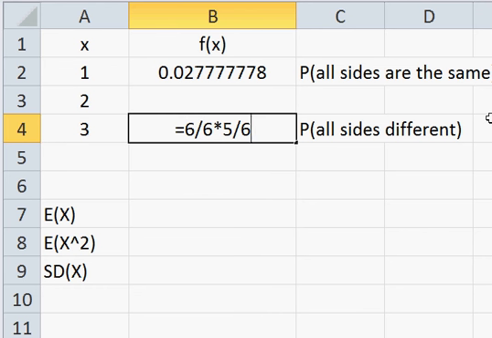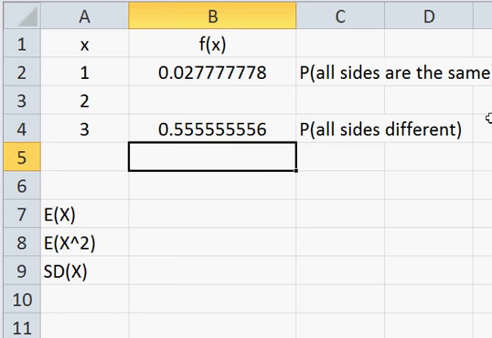So the chance that the second die does not match the first die is 5 out of 6. Finally, we've assumed that the first 2 dice were different, and so the chance that the third die is something different than the first 2 would be 4 out of 6. So the chance of that happening would be 20 over 36, in decimal about 5/9.